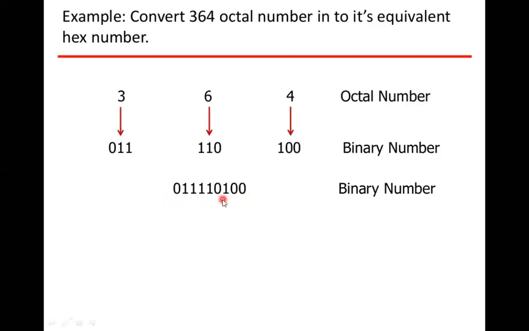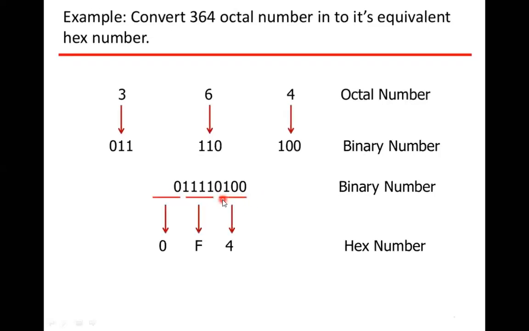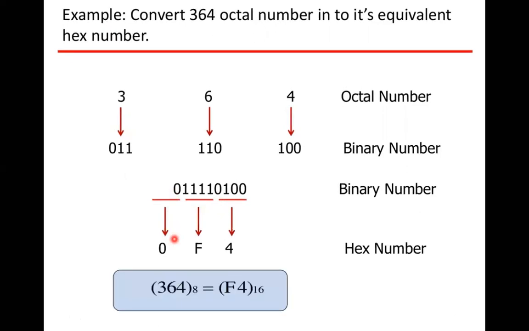Now we will make it into pairs of 4. This is 0100, which is 4, then 1111 is F, and this, all zeros, is nothing but 0. In a hexa number, even if you write 0 or not, it doesn't make any difference. So the equivalent of octal number 364 is F4.